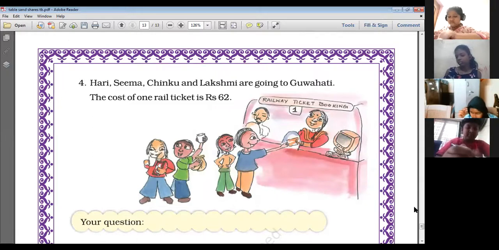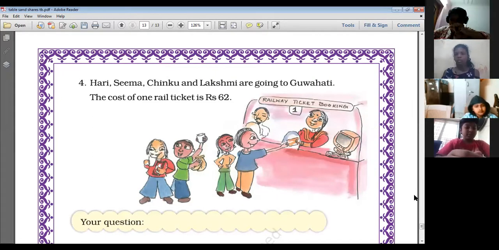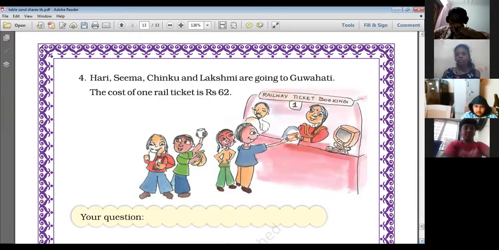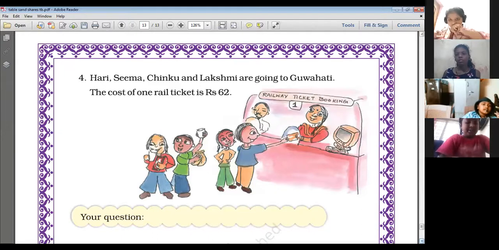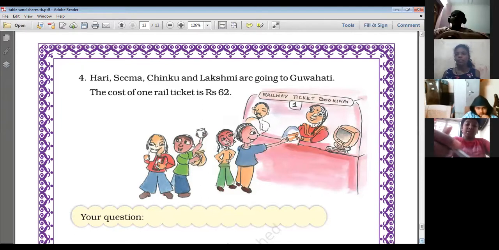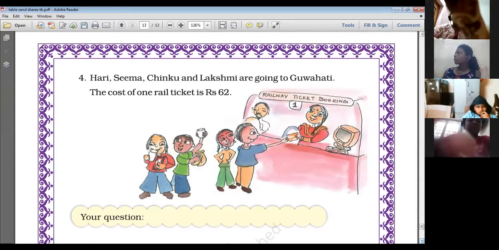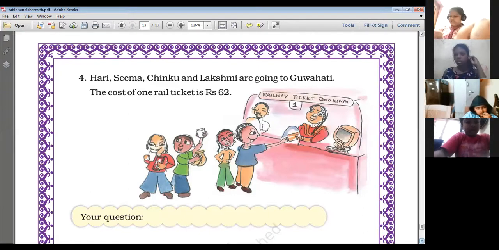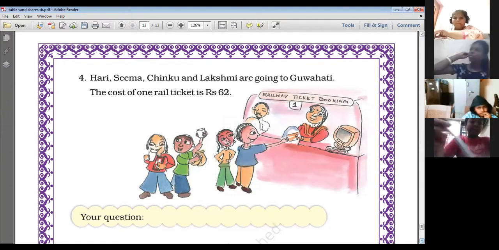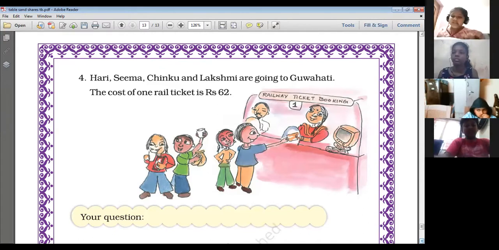Samuel, read this fourth one, and tell me your question. Yes, ma'am. Hari, Seema, Shinku and Lakshmi are going to Guwahati. The cost of one rail ticket is rupees 62. Now tell me your question.